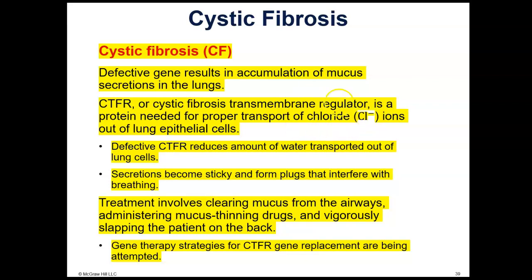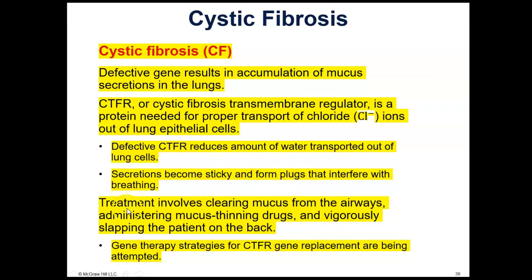But the actual problem is a chloride ion channel in the cells that line their airways. Because chloride ions cannot cross those plasma membranes, water will also not cross. So water will be held inside the cells, and it will not enter into the mucus and thin the mucus.